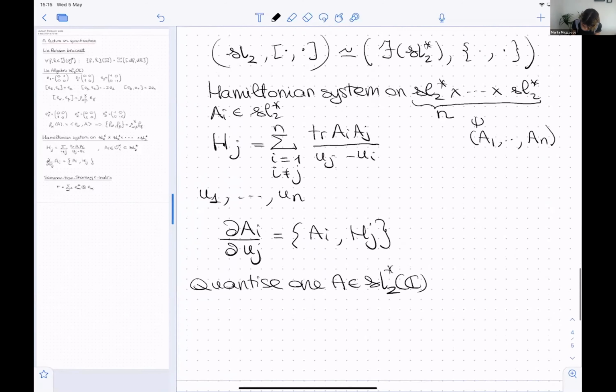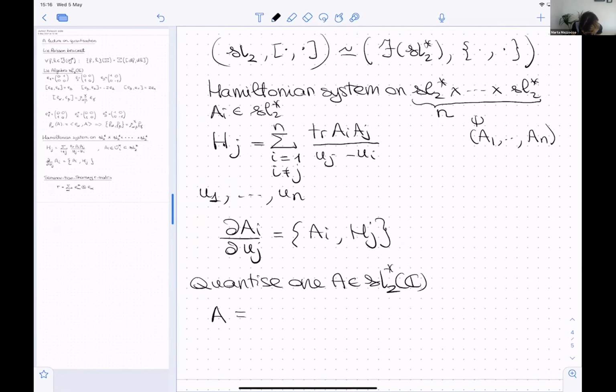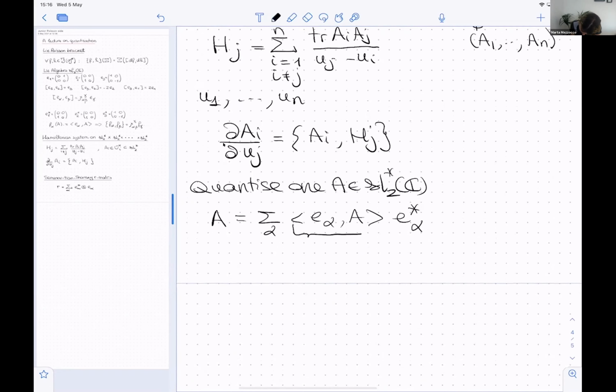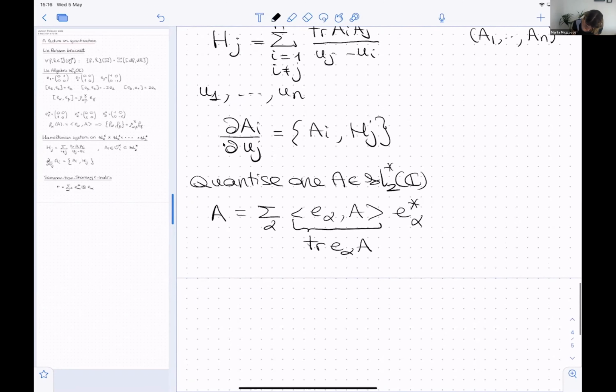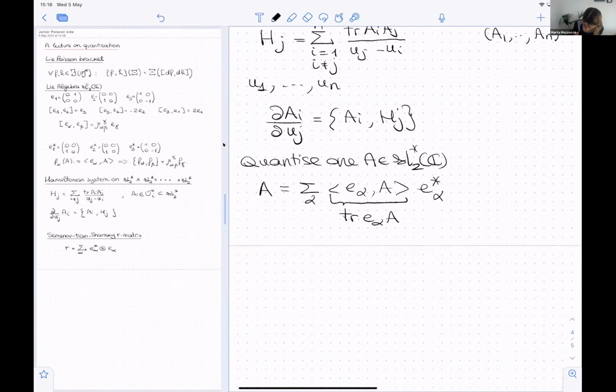So what it means is that my A we can write as a linear combination of elements in the dual basis, the sum over alpha of the trace of E_alpha A times E star alpha. So let's remember what our dual basis is, yes?